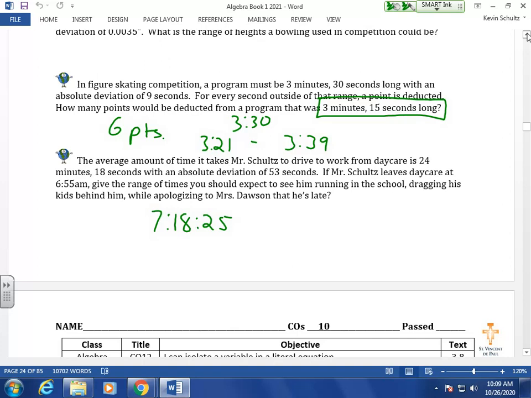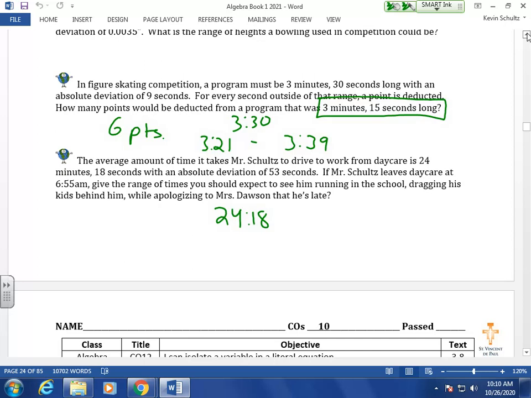But the key here was, you had to take that 24 minutes, 18 seconds, subtract 53 seconds from that, and then add 53 seconds to that.